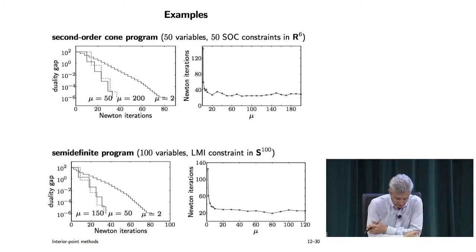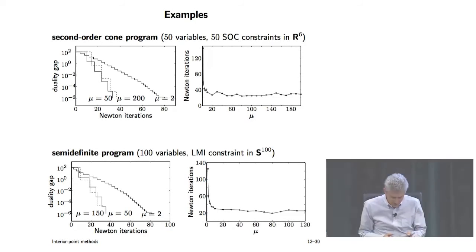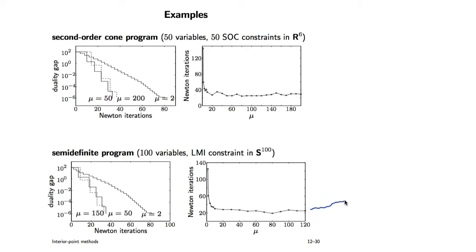So let's look at some examples. Now, when you look at these, your first impression is that the wrong figure has been included because it looks exactly like the other ones. But it's not. These things all do look the same, so I guess that's good. It means it's exactly the same. These plots look the same. By the way, this would also, up here, start going up like that, right?